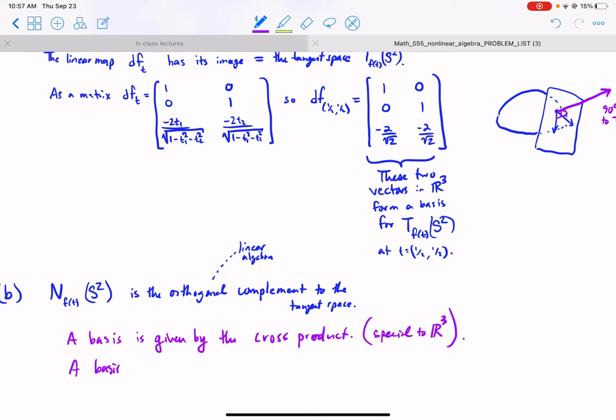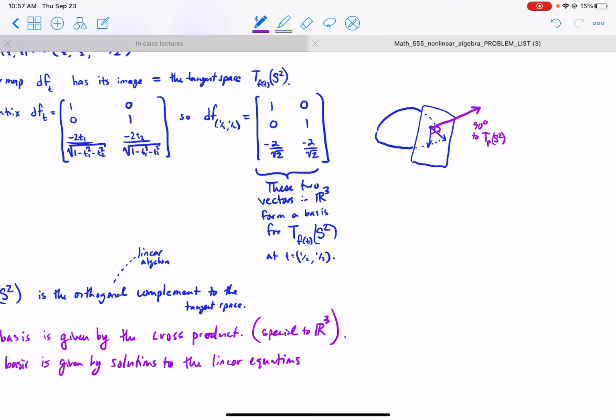A basis is given by solutions to the linear equations, let's see, x1, x2, x3 multiplied by 1, 0, minus 2 over root 2, and 0, 1, minus 2 over root 2, equals, so this times this will give actually two equations.